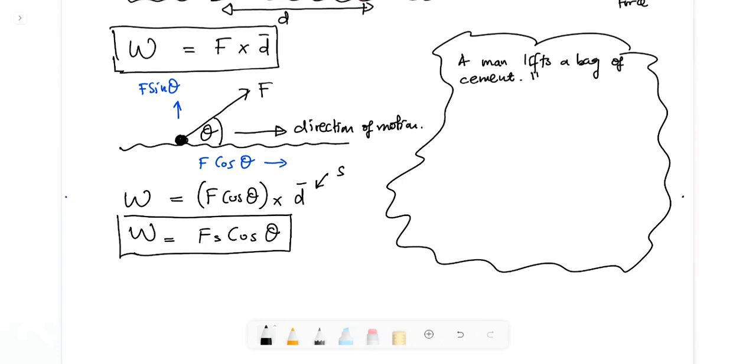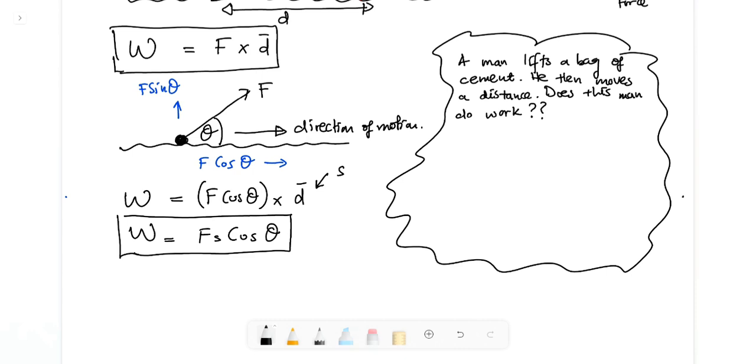After lifting the bag of cement, he then moves a distance. All right, the question is, does this man do work? Explain your answer. Just think for a moment. All right, you can pause the video and write your solution.